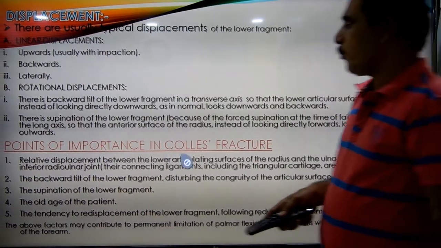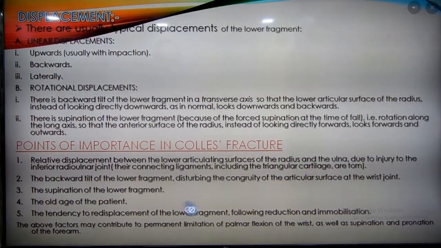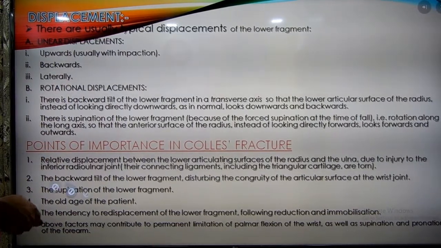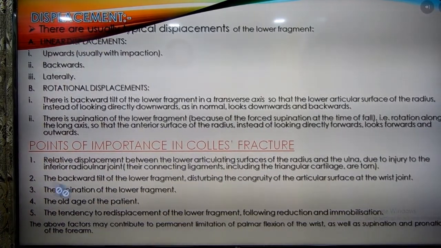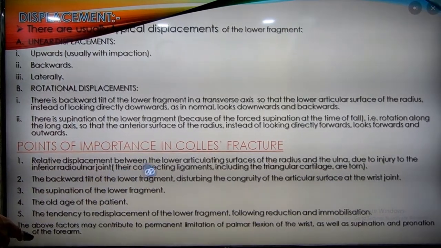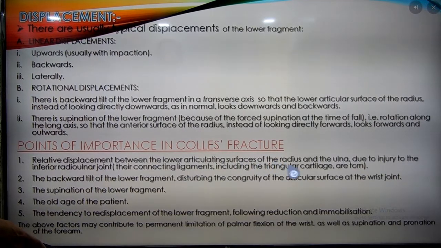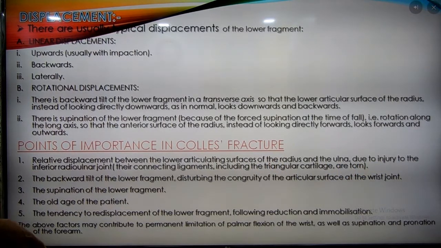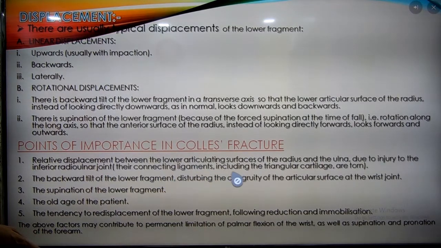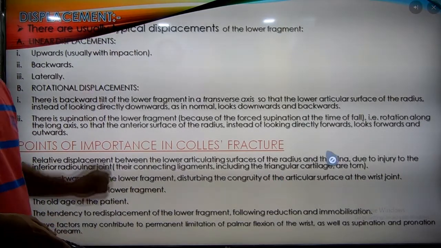Then the points of importance that we have to keep in mind while studying the Colles fracture. One is the relative displacement of the lower fragment, articulating surfaces of the radius and the ulna, due to the injury to the inferior radioulnar joint. The connecting ligament, including the triangular cartilage, are torn.